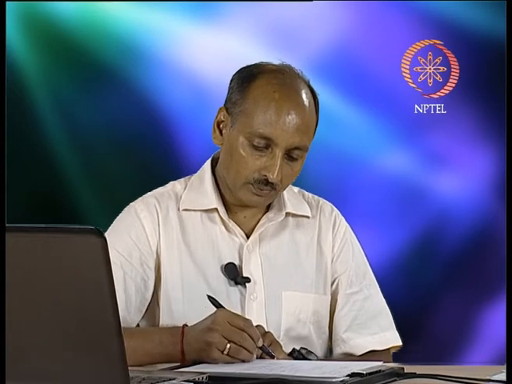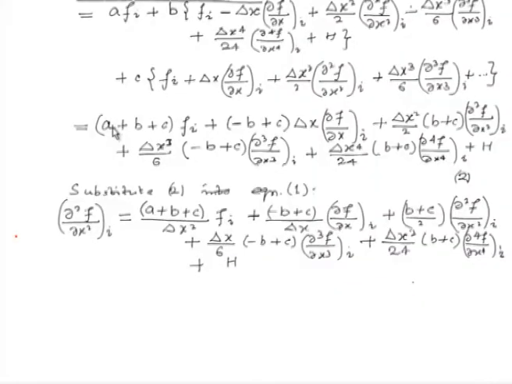So now let's compare the coefficients of the function values, derivatives of different orders, which we have got on the left hand side and right hand side. On the left hand side we don't have any term which contains f(i). We don't have any term containing first derivative or third derivative and so on.